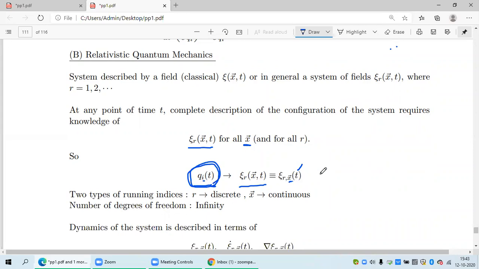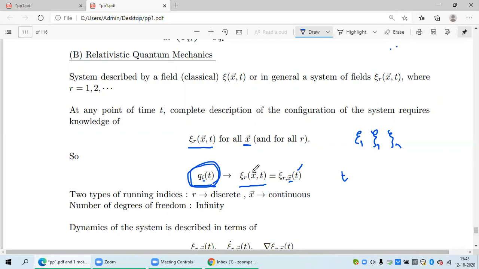Because at any point of time you need the value of this field at one point, at the second point, at the third point in space. All together they tell you the field in your entire space. That is the complete description of the system.